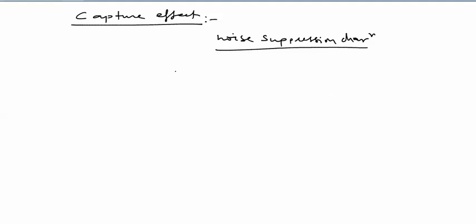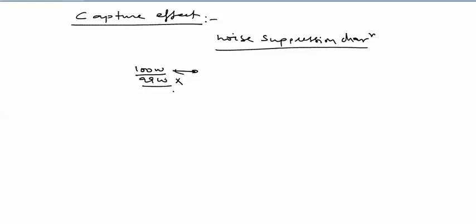If two signals within the same frequency range pass through a band pass filter and are applied on an FM demodulator, and the power difference between these two is large, then in case of FM the stronger will be processed through demodulation and the weaker will be suppressed by the stronger one.